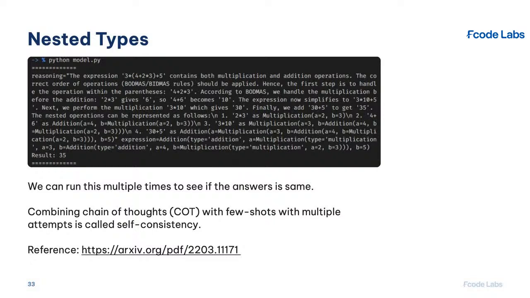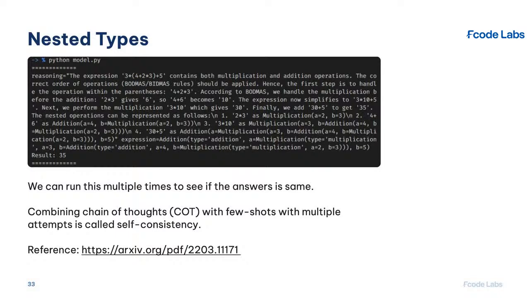That means we have to solve inside the bracket first, and in that also we have to first multiply 2 by 3, and it explains the whole process. The given expression is a big addition, and inside that there are nested multiplications and other addition operations. If we print the result, it is correct: the result is 35.